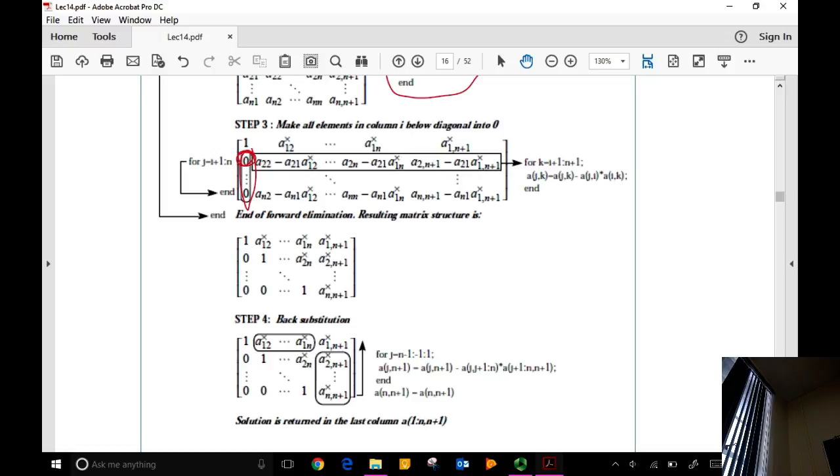So you need to know both A and B, and you apply these operations. Then in the very last equation, you have only one unknown, that is xn, which is equal to this. And then you start the back substitution. And that essentially makes this matrix into an identity matrix. So it's a way of making a given matrix A into an identity matrix.